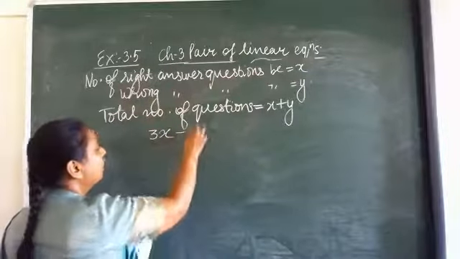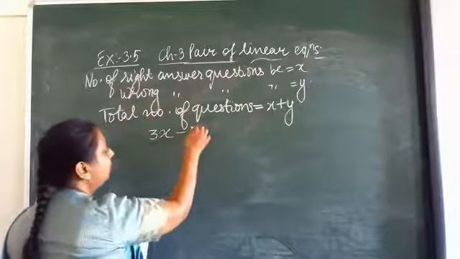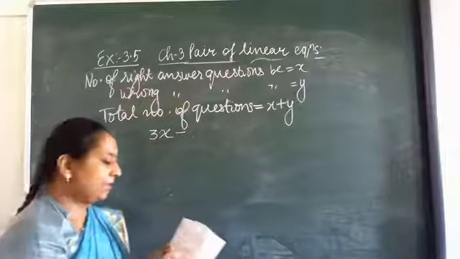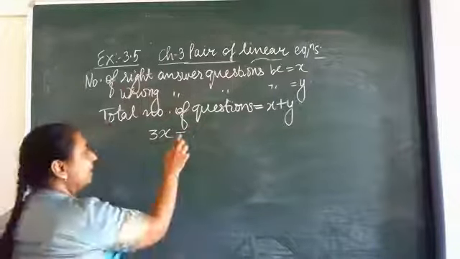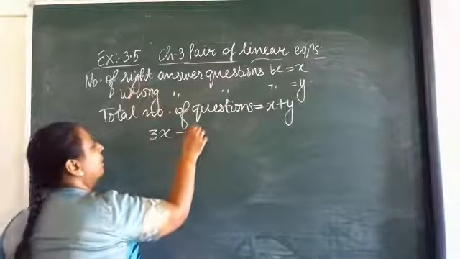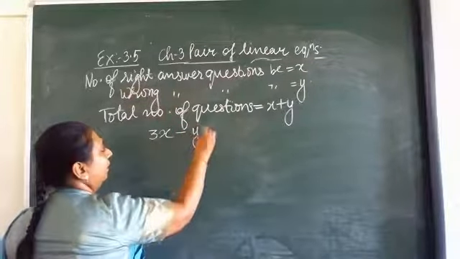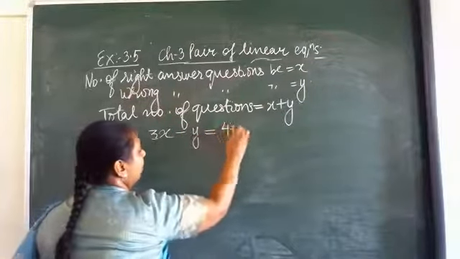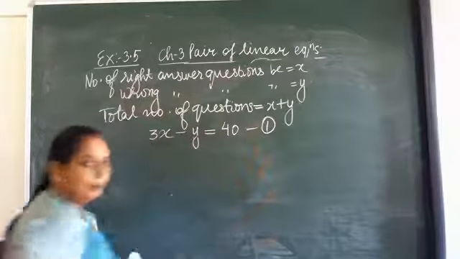Then minus 1 is to be multiplied for losing 1 mark. Losing means minus, and 1 mark means only 1y, and the total marks secured is 40. This is the first equation.